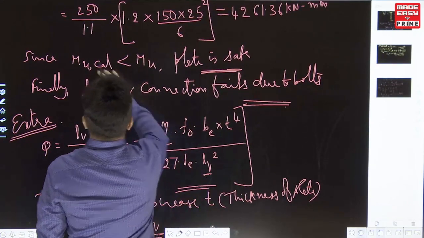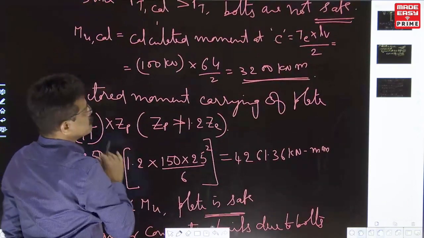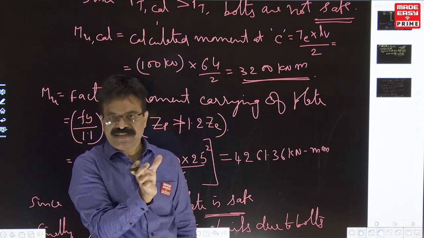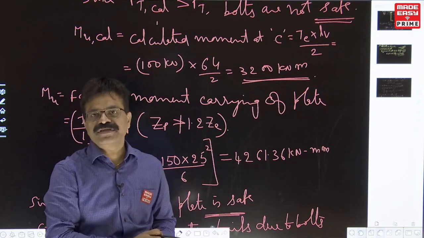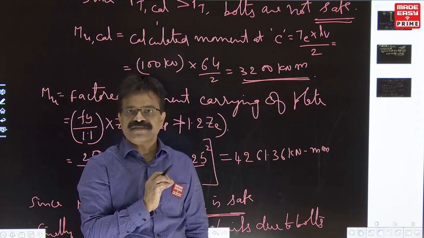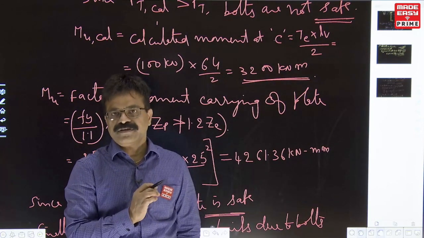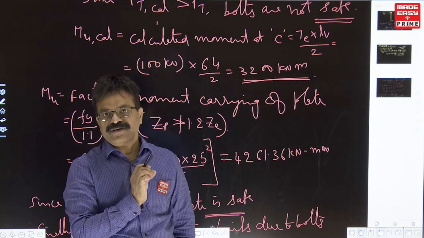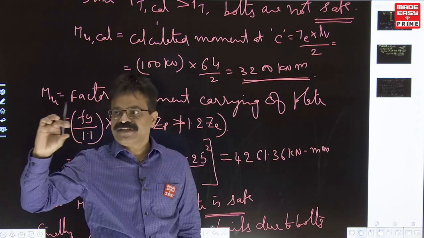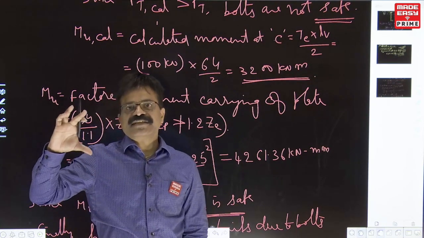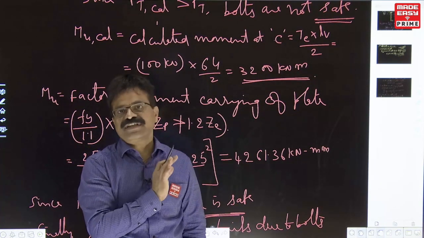See here, when you are calculating moment, to prevent failure of the plate, if LV is less, TE into LV by 2 is the moment in the plate. If LV is less, the moment will be less, so the plate will not fail. For the plate not to fail, LV must be less. For the bolt not to fail, T must be more. As the thickness increases, prying force decreases.